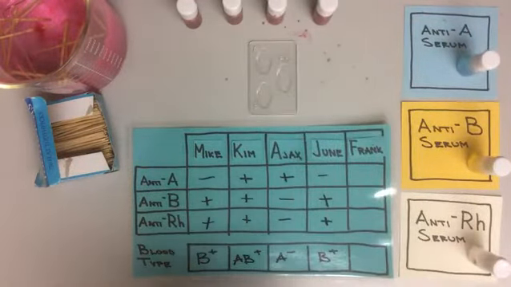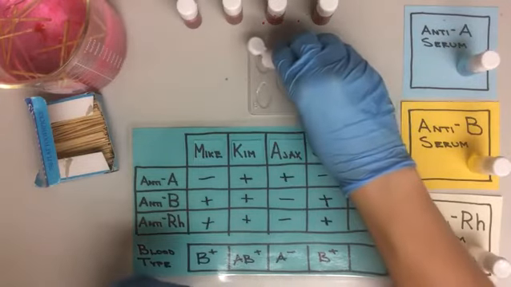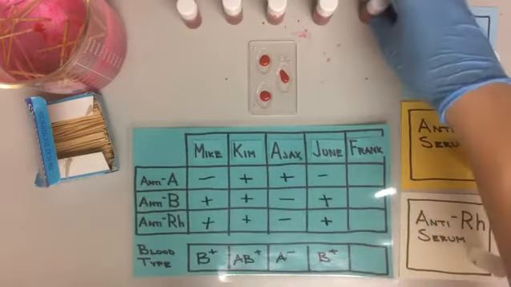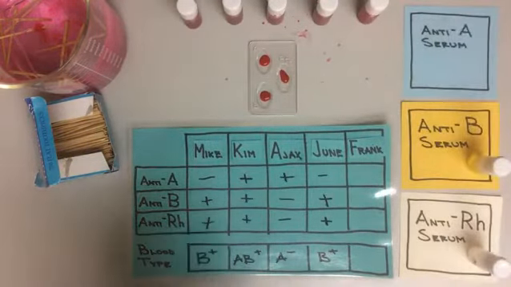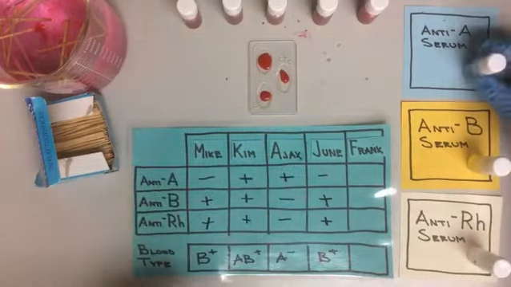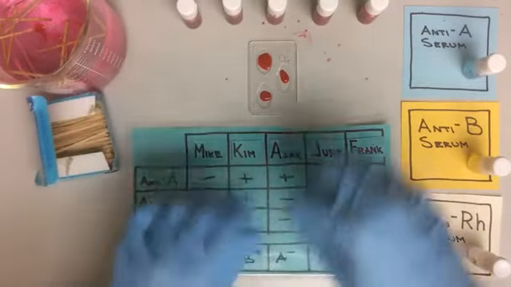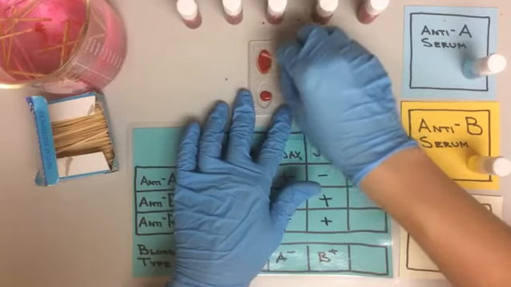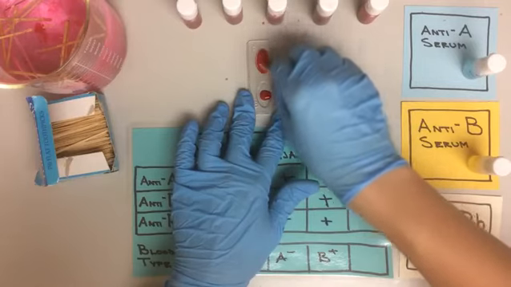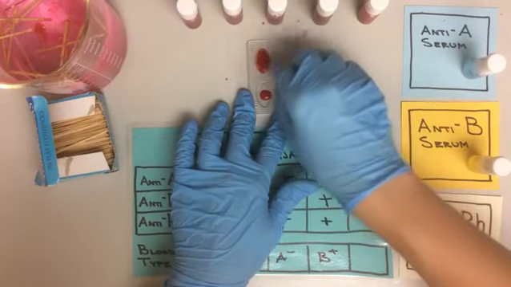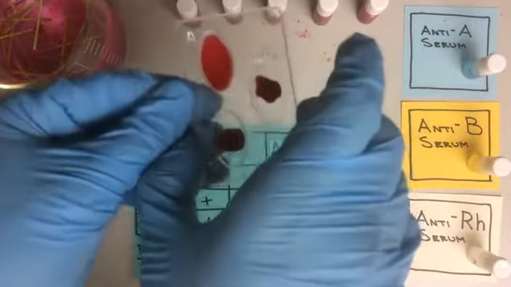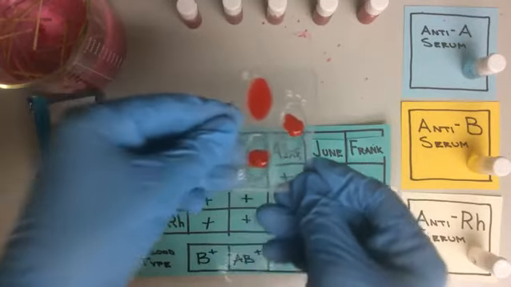We take Frank's blood sample, add it to each of the wells, and add the antiserums. For A, there is no agglutination.